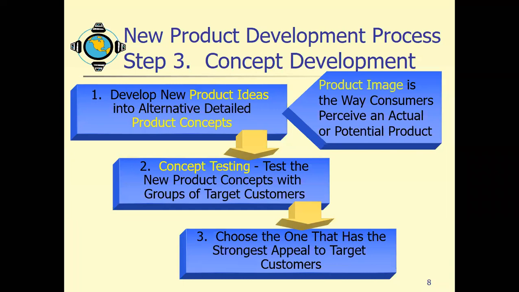So choose the one that has the strongest appeal to target customers. You can show one, two, three, four or five concepts to your customers, then they will make comments, and then you reach a conclusion about which concept has the strongest appeal from the customers.